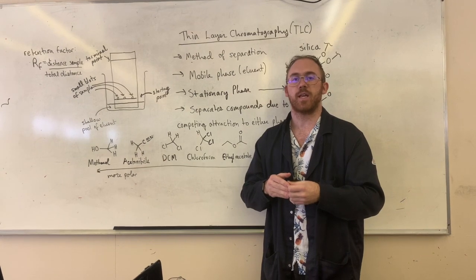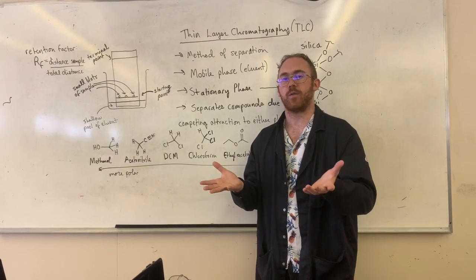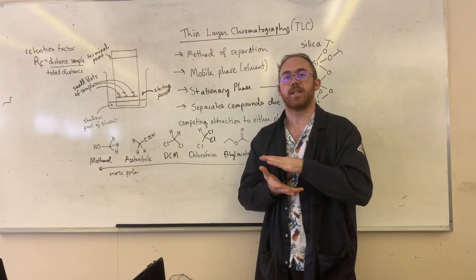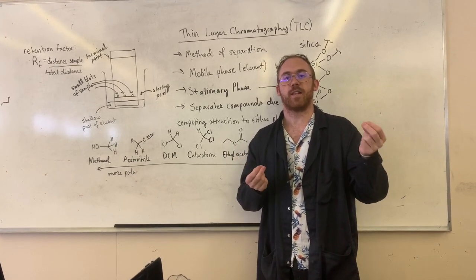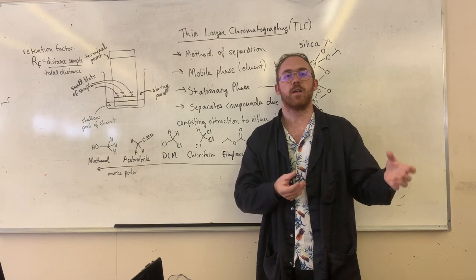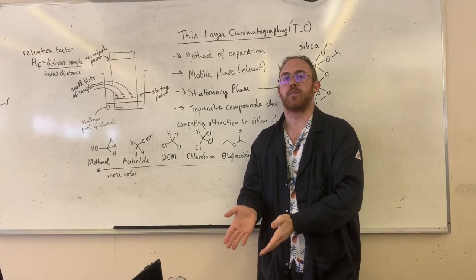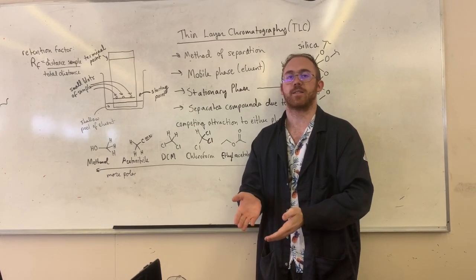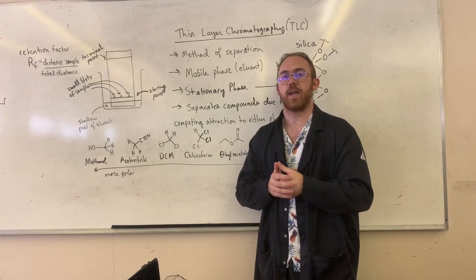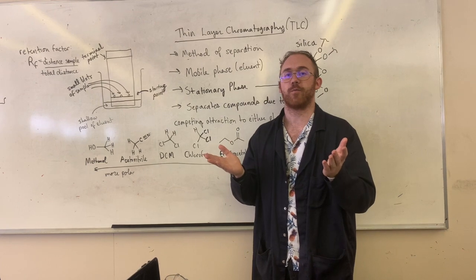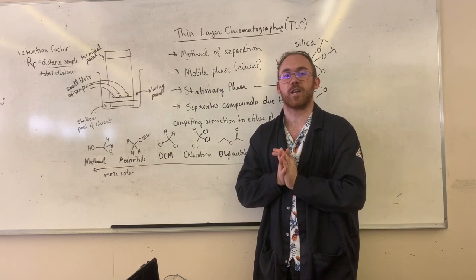As long as you use a nonpolar eluent or mobile phase, it's going to move quickly, and all of those samples that are more nonpolar are going to move with it and come out first, leaving the polar compounds coming out last, allowing you to create nice pure samples that you can use for whatever else you're going to use them for, depending on what kind of chemical you're talking about.